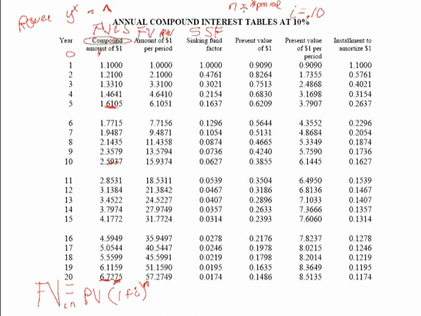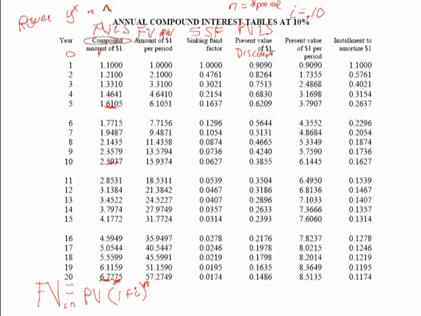The next column is the present value of $1, or the PV of a lump sum. This is also known as discounting, which is a very important concept. With discounting, we have some future value that we know the amount of, and we want to convert it to today's dollars.